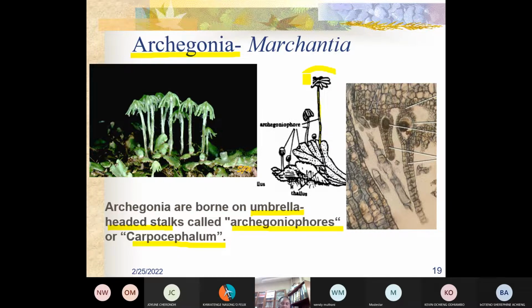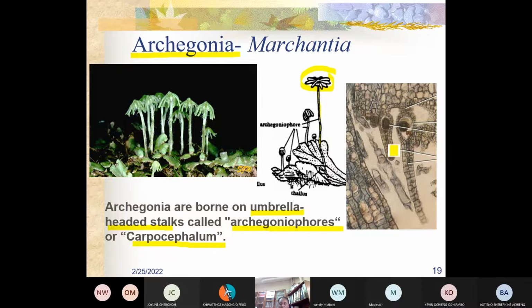And then the head here is the capocephalum. Now, underneath this, that's when you see the archegonia. So it's on the underside of that head. You see the archegonia.